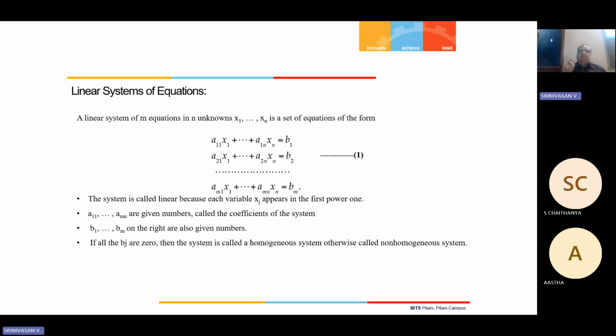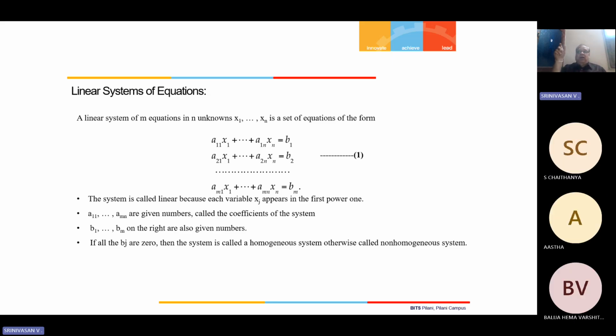A is the matrix of coefficients a11, a12, etc., a1n, a21, etc., a2n, etc., am1, etc., amn, so that it is going to be an m by n matrix. And X is nothing but your column matrix, or rather column vector, having n components x1, x2, etc., xn.